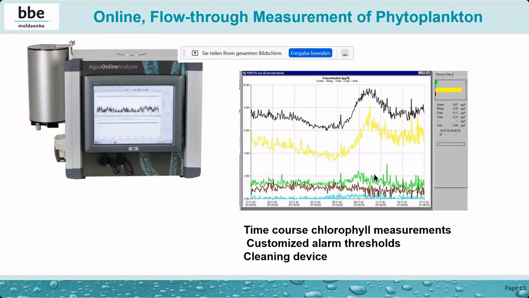That means this removes the biofilm inside of the tube, so that you have continuous measurements 24 hours, 7 days, uninterrupted. And for better analysis, you can also add thresholds that will release an alarm if a certain chlorophyll content is exceeded, for example for the unwanted cyanobacteria.